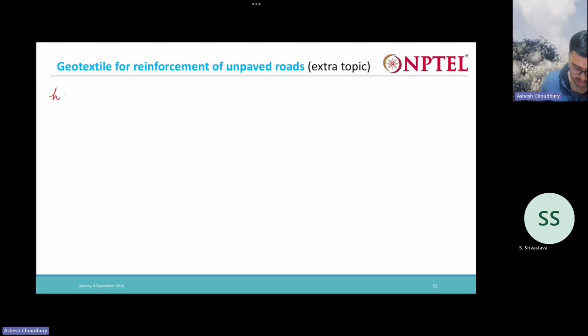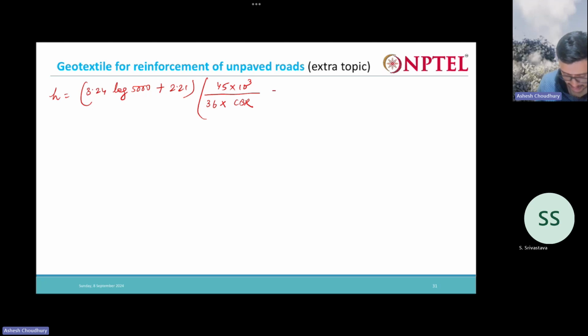So H is 3.24 log of C. C is the traffic in terms of coverage. It is given as 5000, plus 2.21. Then we have P, equivalent single wheel load. It is given as 45 kilonewton, so in Newton it will be about 36 times the CBR, minus A is the area, contact area.